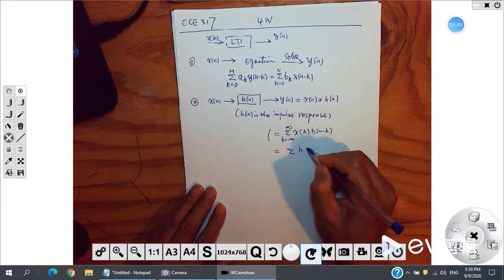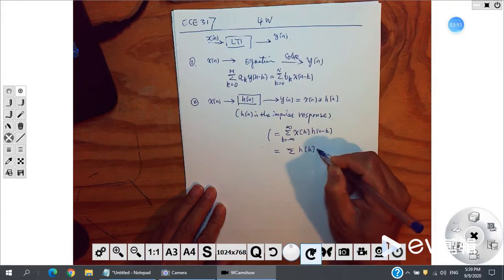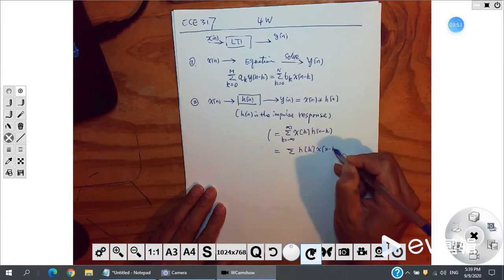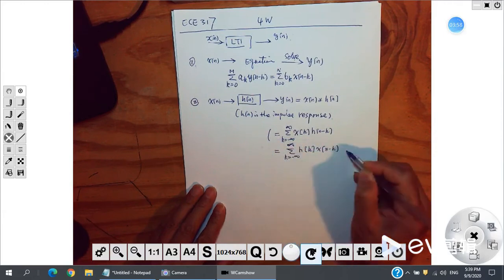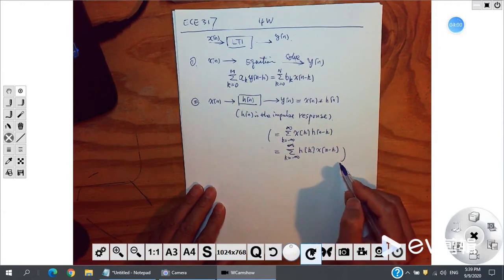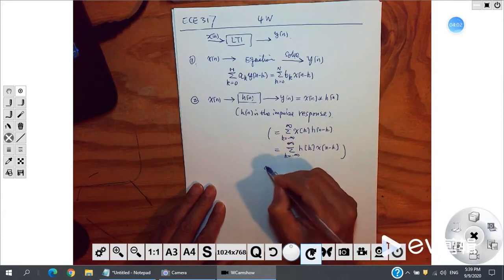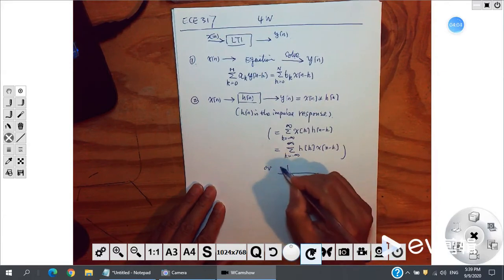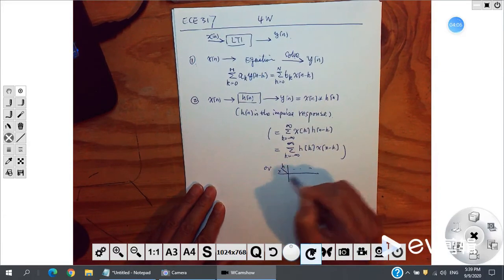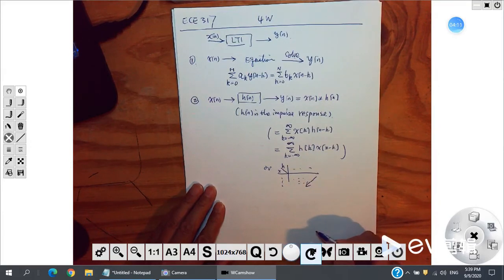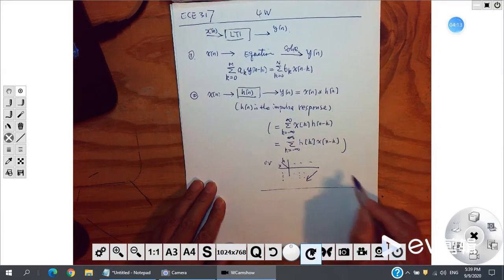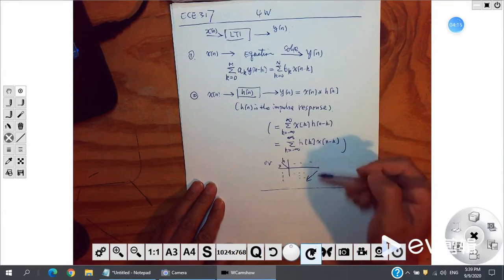You put h in front, h of k times x of n minus k. You will have the same result. You can use this way to calculate the convolution, or list the table. You have h, you have x, then you multiply them together, then do the summation in this way. So either way you can use.